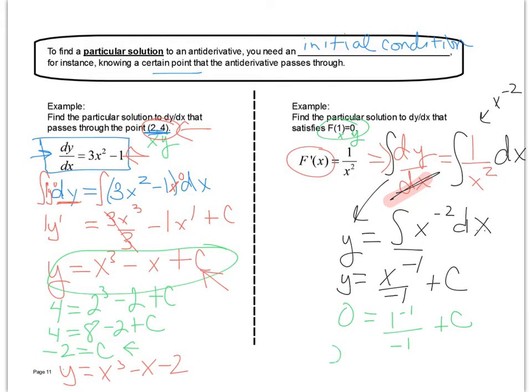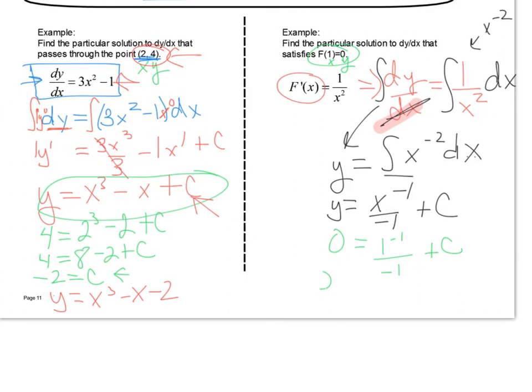But you get 0. 0 equals negative, that's negative 1 over 1 to the first power, right? The negative I just moved out front, basically. And then that x to the first power, it's negative 1. It's negative 1 when all is said and done. So we have 0 equals negative 1 plus c. So c is 1.